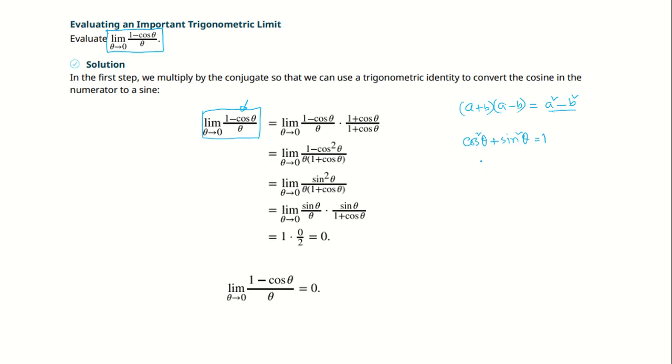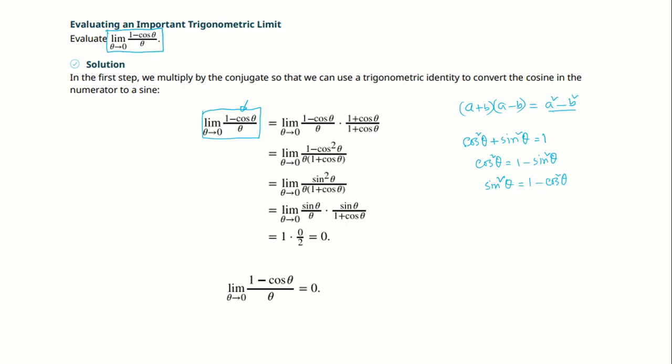So from this we can write cos square theta equals 1 minus sin square theta, and if we need sin square theta, then we can write 1 minus cos square theta.